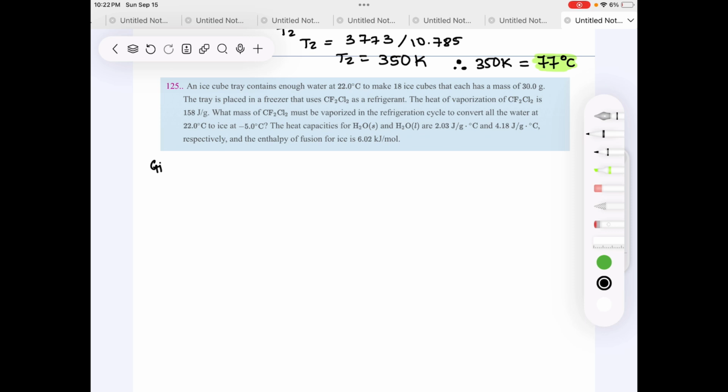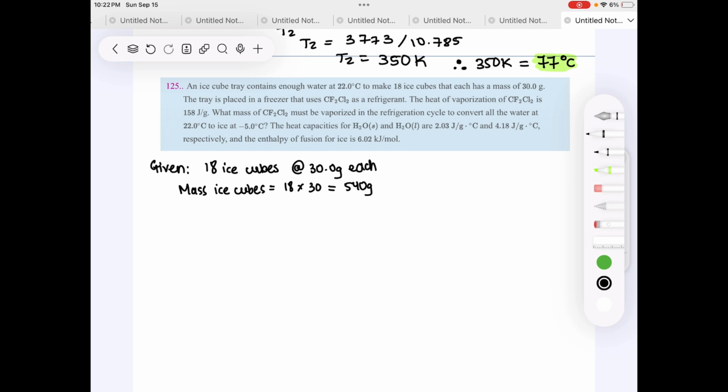We are given 18 ice cubes at 30 grams each. With this information, we can find the mass of the ice cubes, which is equal to 18 into 30 grams. That gives us 540 grams of ice cubes.